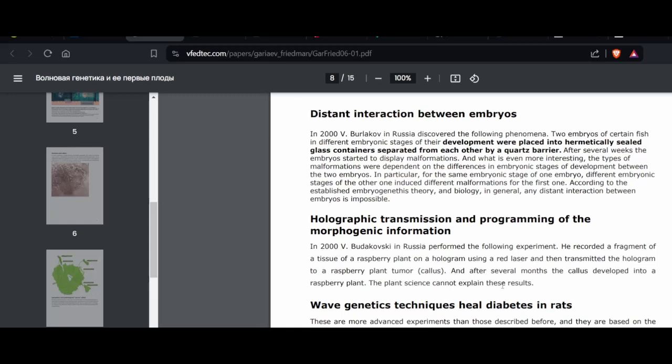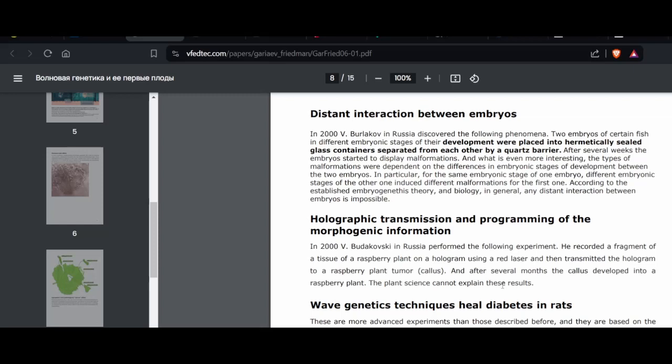So you've taken a healthy cell, the laser goes through it, seems to pick up that genetic code of the healthy raspberry cell, goes into the tumor cell, and it becomes a healthy plant. So it's like you're conveying health information with a laser. And we'll come back to this with Dr. Garyaev's site.